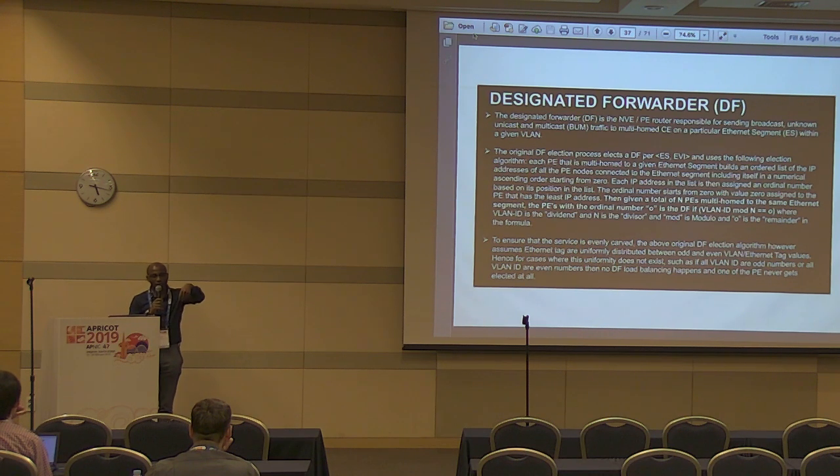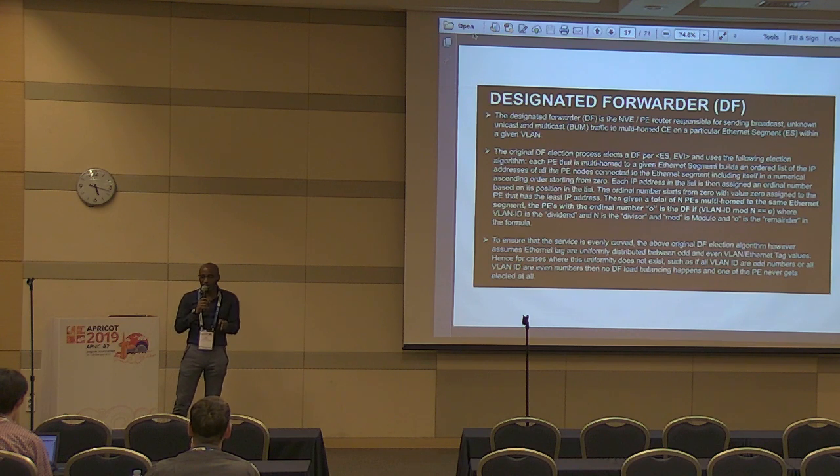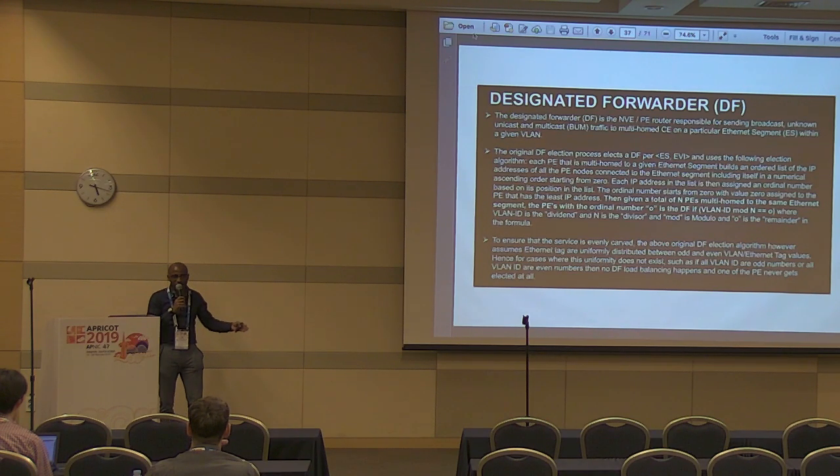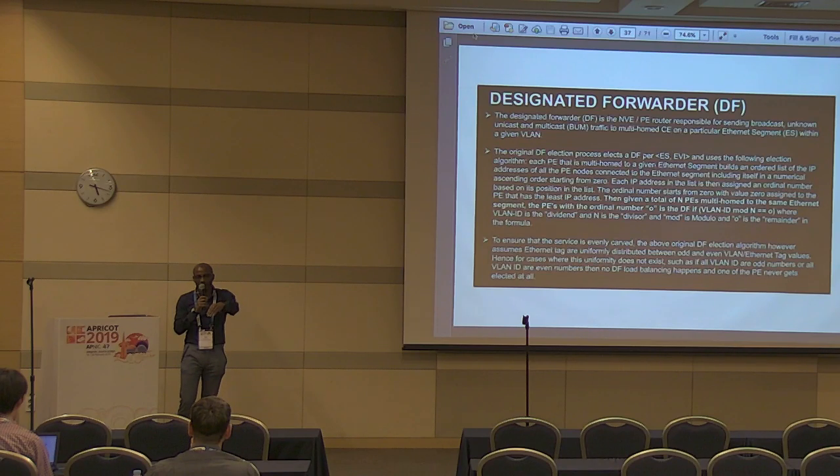plugging into your server, for instance, or your switch, if the switch hashes the IGMP packet to the non-DF PE, the non-DF PE needs a way to tell the DF, which is the device responsible for forwarding BUM traffic on the Ethernet segment.